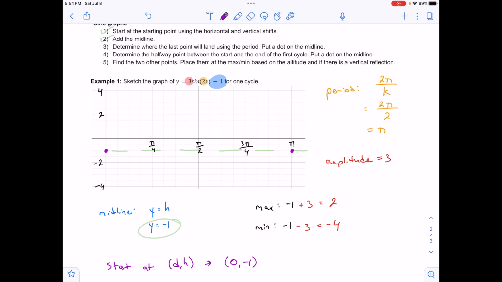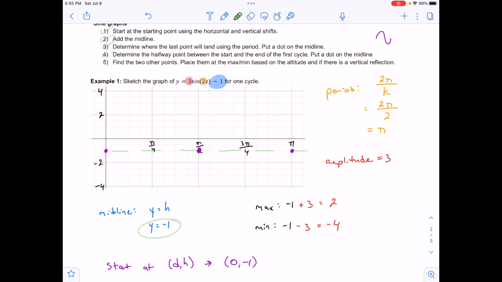Remember that a sine function looks like an S. Okay, check. Now I need to determine the halfway point between the start and the end of the first cycle. Halfway between 0 and pi is pi over 2, and I'm going to put a dot on the midline. Okay.